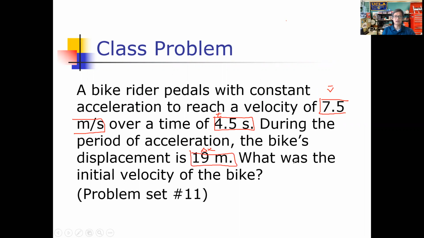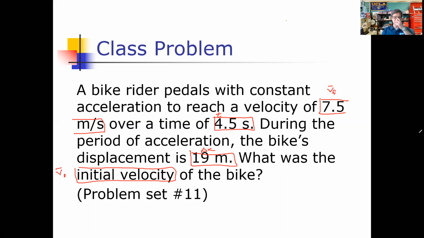We're given time, displacement, velocity, and then we're asked to find initial velocity. So this given velocity must be final velocity. So we're given final velocity, time, and displacement, and we're solving for initial velocity.